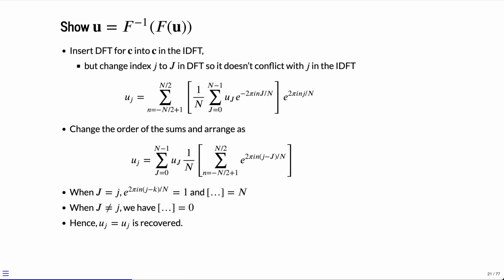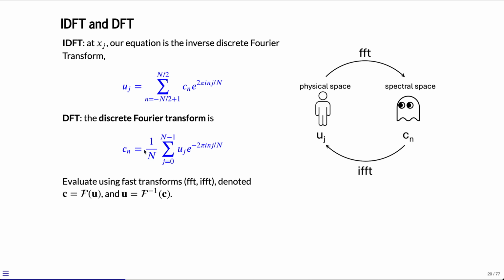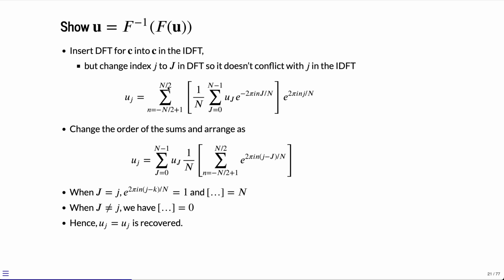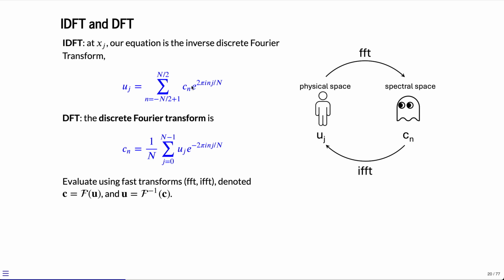So let's do that. If we insert this equation in for Cn, then we get this thing. But before we do that, we recognize that the summation j, we don't want that to conflict with this j. So we're going to change the notation here to be big J instead of little j, so that it doesn't conflict with this, which is an index, not a summation variable.